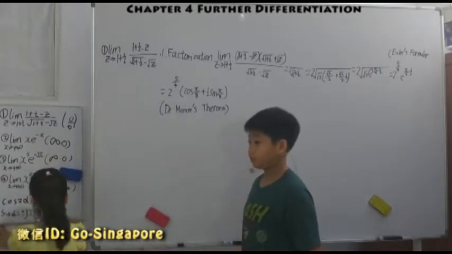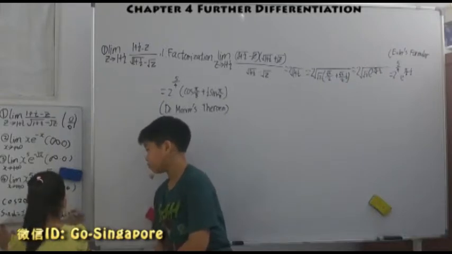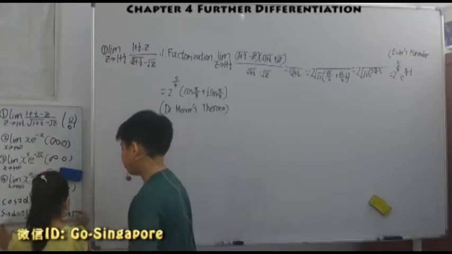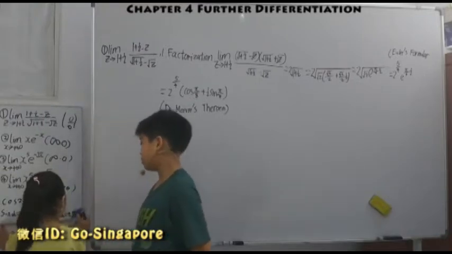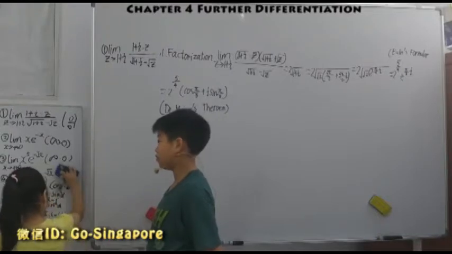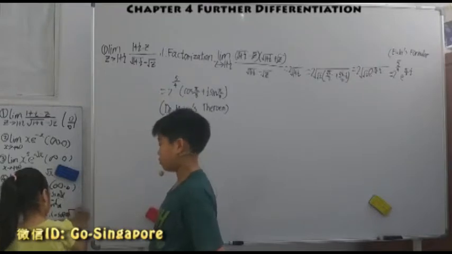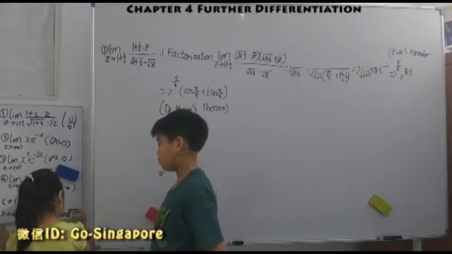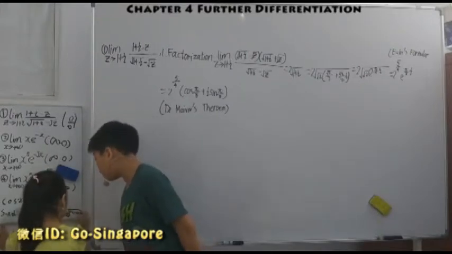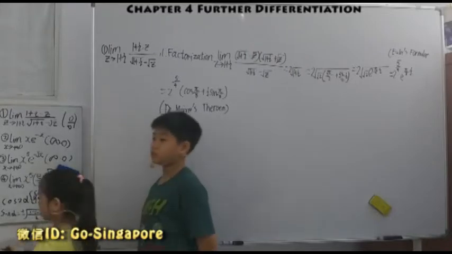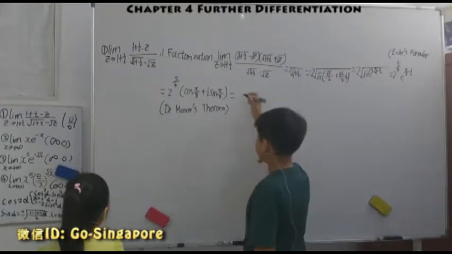Next is for the cosine. The positive-plus. Okay, correct. So, we need to use it here, right?